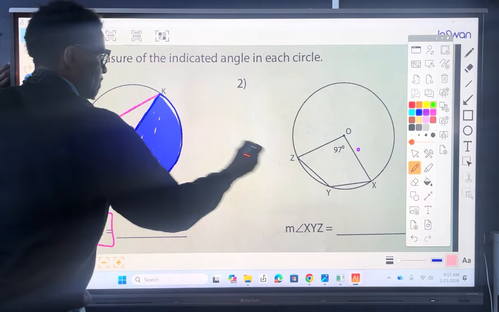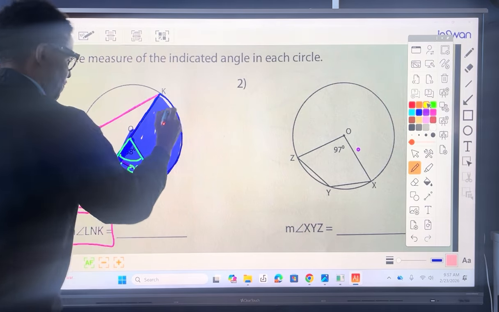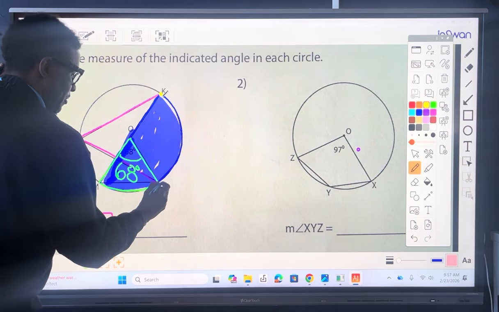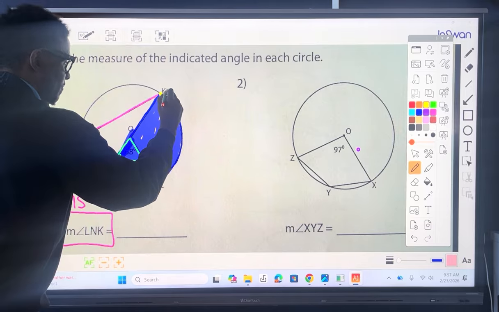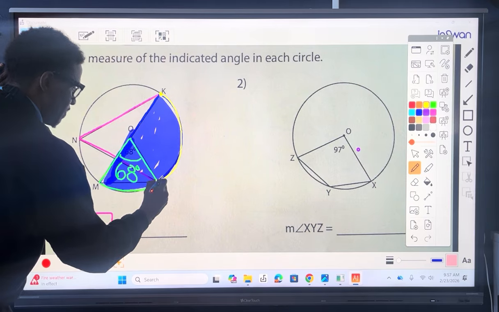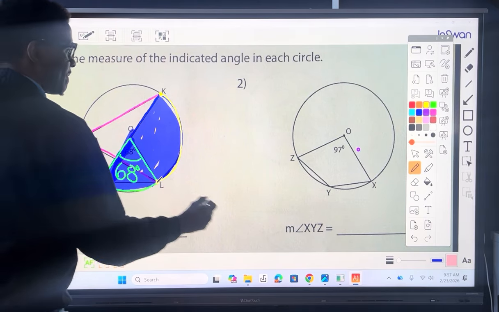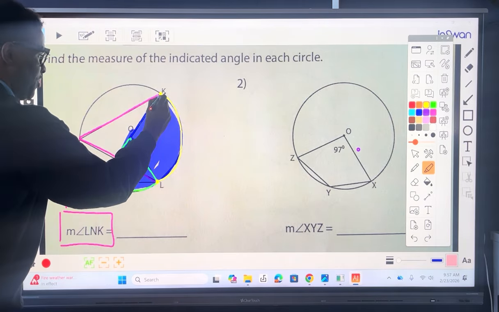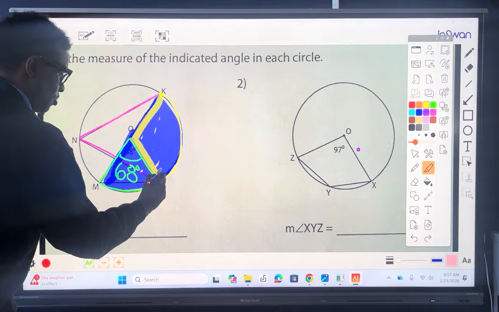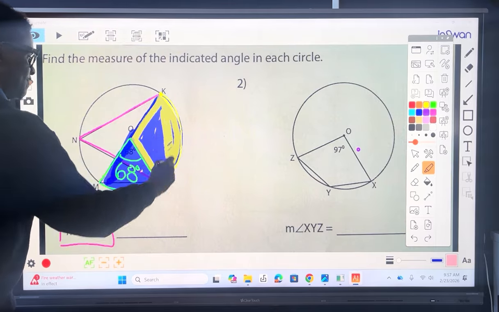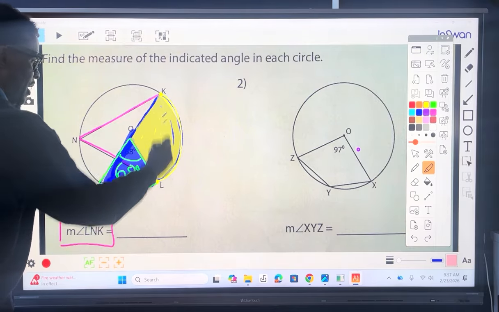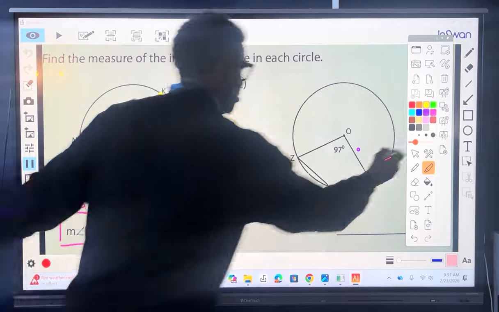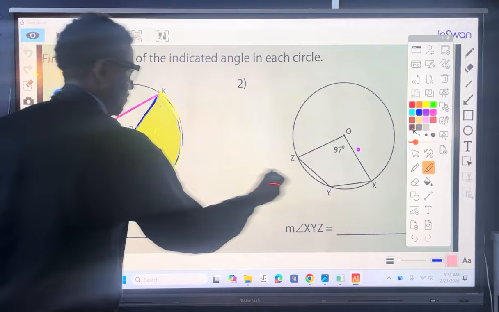Meaning this side from K to L has to equal 112. Now from here on in, this is 112.